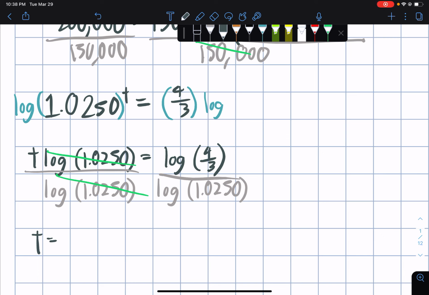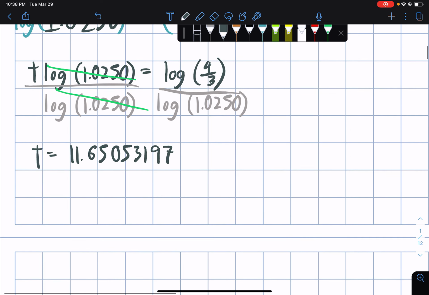The answer, 11.65053197. So let's try to round that off. In approximation, the answer is about 12 years.